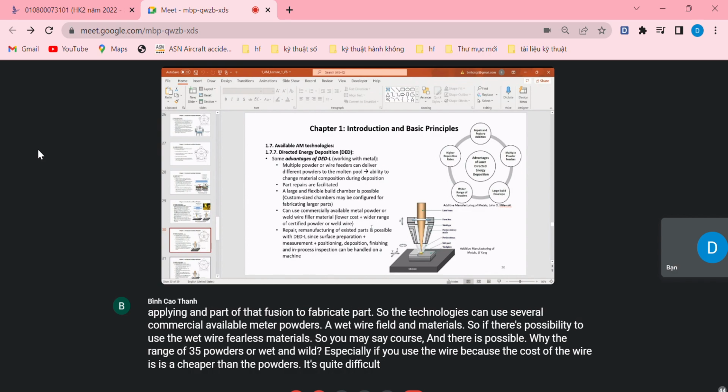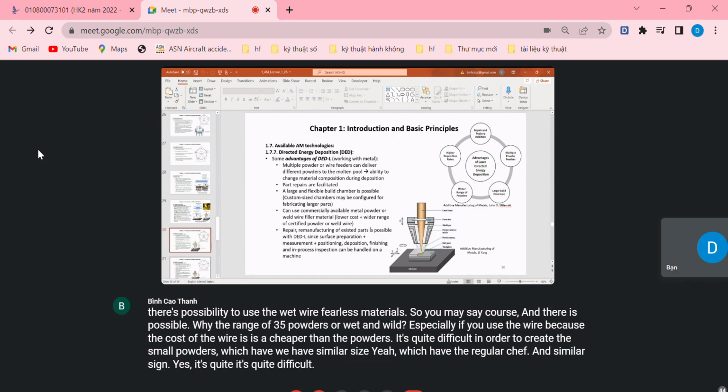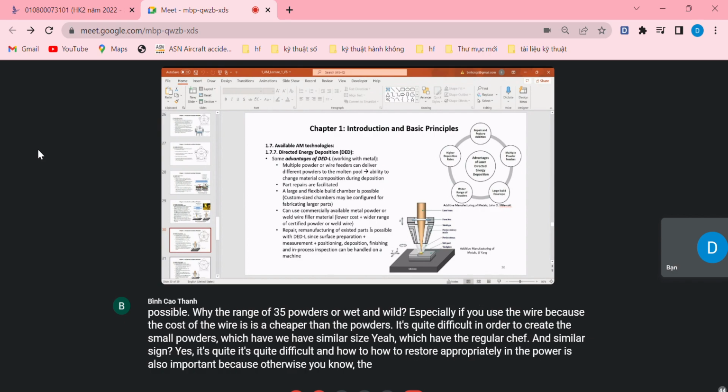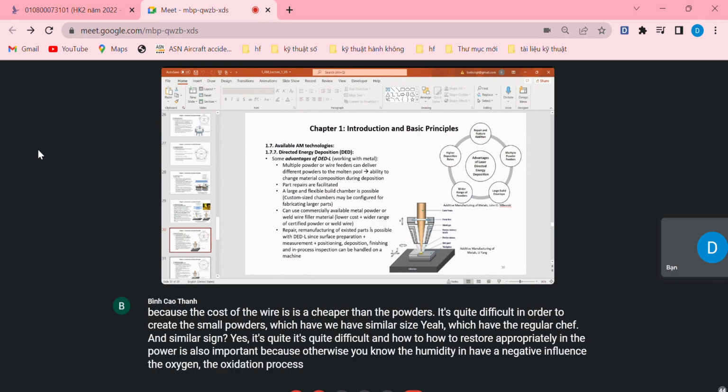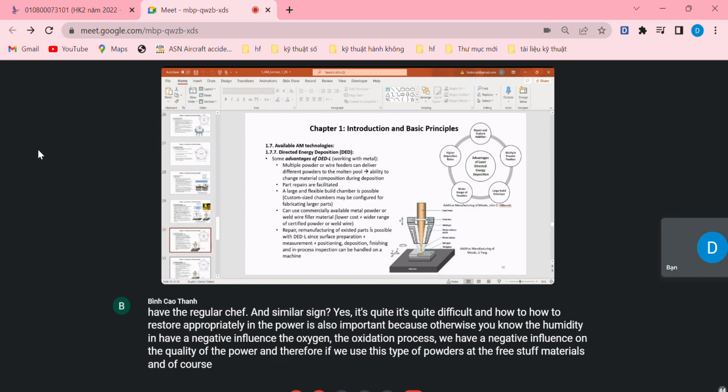It's quite difficult to create small powders with a regular shape and similar size. And how to store the powder appropriately is also important, because otherwise humidity and the oxidation process will have a negative influence on the quality of the powder, and therefore a similar influence on the final quality of the 3D printed parts.